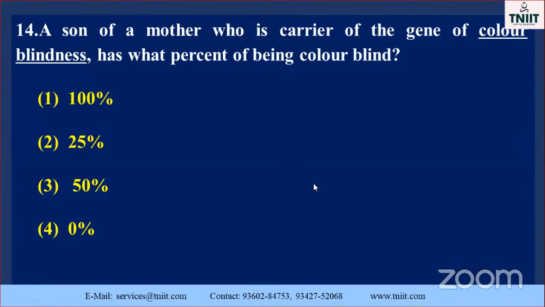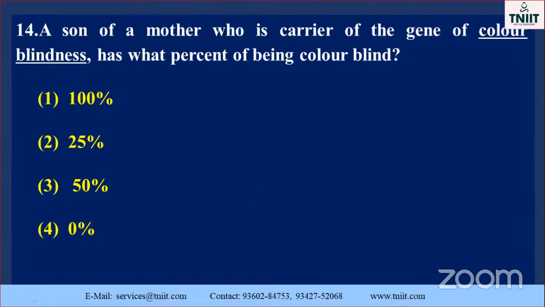Okay, and the next one: a son of a mother who is a carrier of the gene for color blindness has what percentage of being color blind? Son of a mother who is a carrier of the gene of color blindness. Okay, how many percentage do they ask?